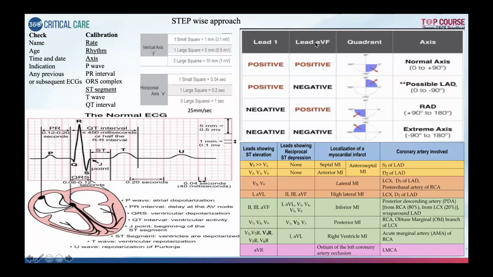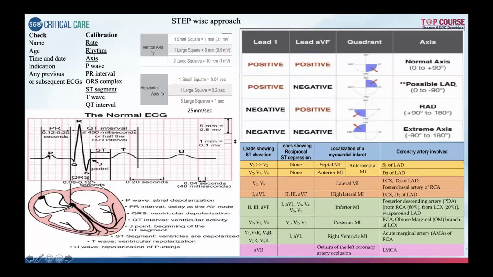If lead 1 is positive and AVF is also positive, that's the normal axis, between minus 30 and 90. If lead 1 is positive and AVF is negative, it's a possible left axis deviation. Lead 1 negative and AVF positive, it's right axis. Both negative, it's extreme axis deviation.